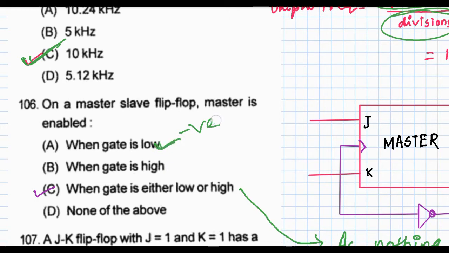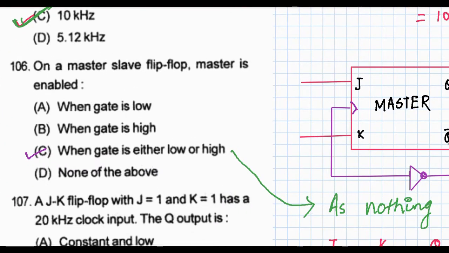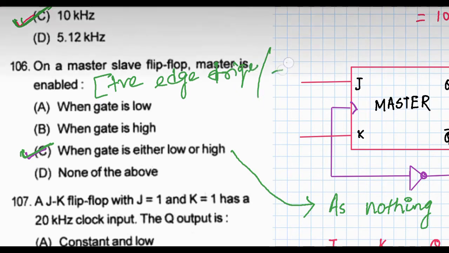Also, if the question is given in terms of the slave enabling level of the slave, we can determine this too. As nothing is given about the triggering and the slave, we can say that when the gate is either high or low, it should be mentioned whether it is positive edge triggered or negative edge triggered.